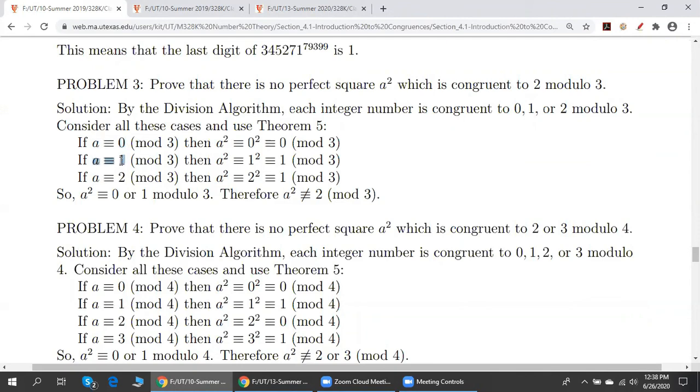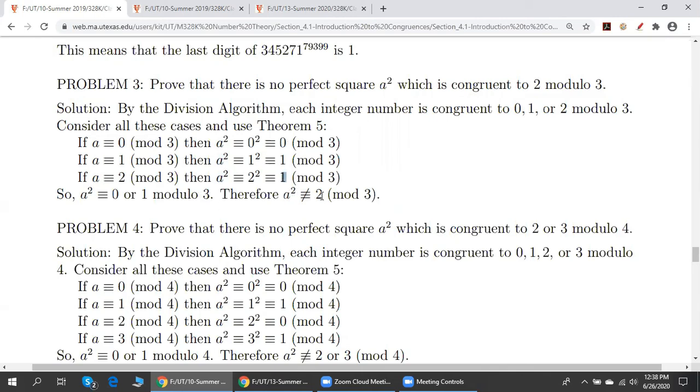Raise both sides to the second power. Done, done, done. Note that 0 squared is 0, 1 squared is 1, 2 squared is 4, which is congruent to 1 modulo 3. So, no matter what A is, A squared is either congruent to 0 or 1 modulo 3.